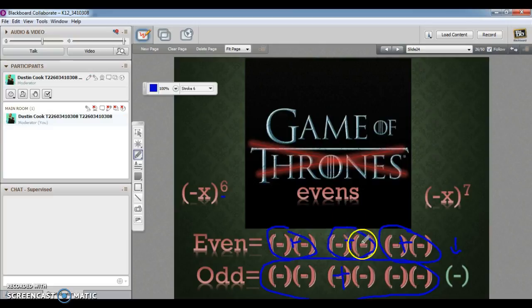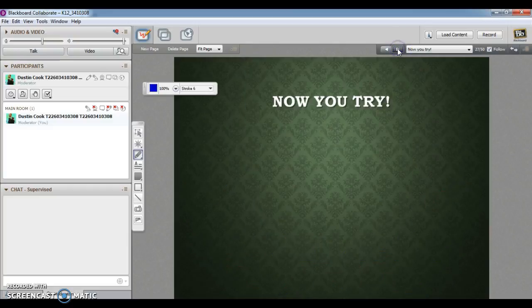So positive, positive, positive is just positive. Positive times a negative is negative. So that's how these work. So I encourage you, notice the exponent. Is it positive? Is it even? Or is it odd? Because that's going to tell you if your final answer is positive or negative.